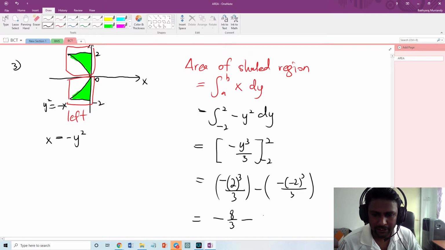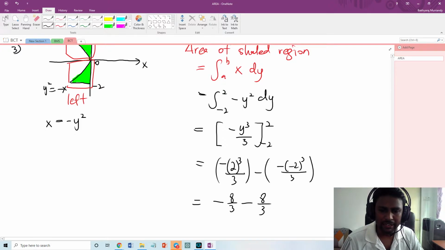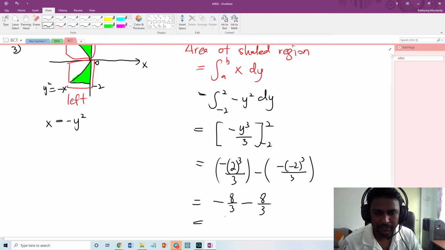Inside you get again another 8 over 3 positive, right? So since the formula is negative, this time we have negative 8 over 3 minus 8 over 3, and then the last answer will be equal 8 over 3 plus 8 over 3. So this we change to decimal. 5.33, correct. 5.33 unit square.